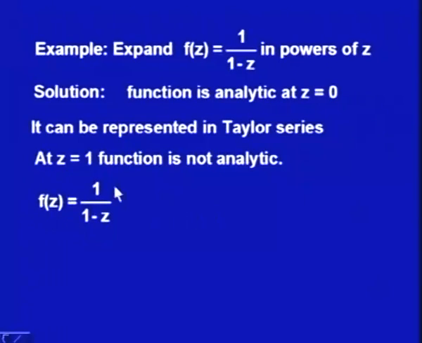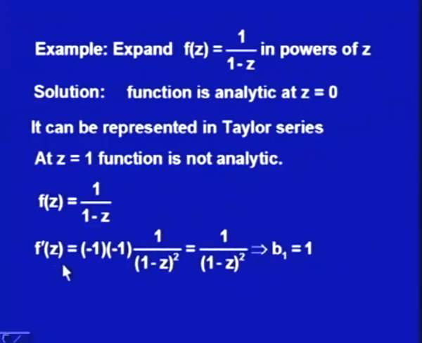Then if we write f(z) is equal to 1 over 1 minus z, then f dash z comes out to be minus 1 into minus 1 multiplied by 1 over (1 minus z) square. We evaluate the derivative at z is equal to 0 and b 1 comes out to be 1.